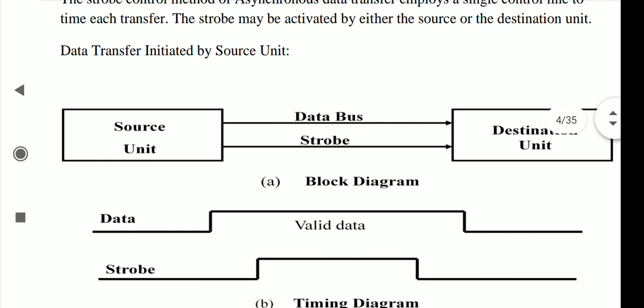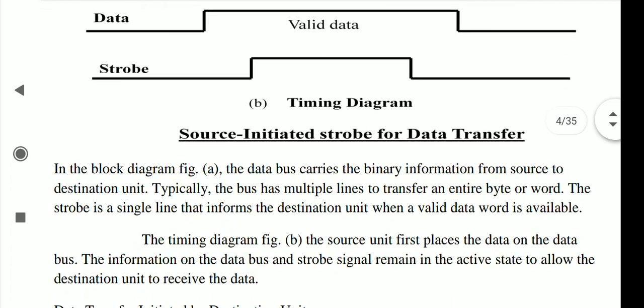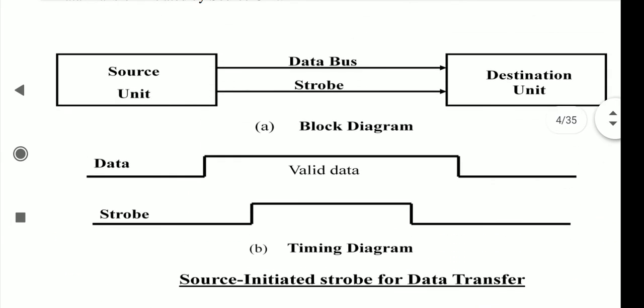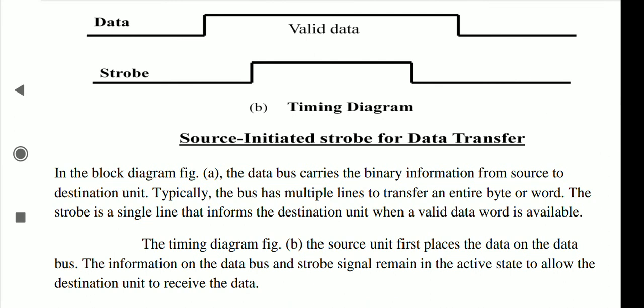Data transfer, first step: data transfer initiated by the source unit. In the diagram of a source-initiated strobe for data transfer, the source data bus carries the binary information from the source to the destination unit. The bus has multiple lines to transfer an entire byte or word.